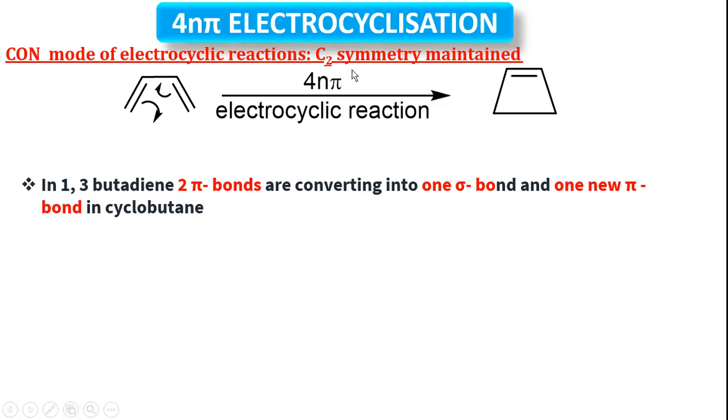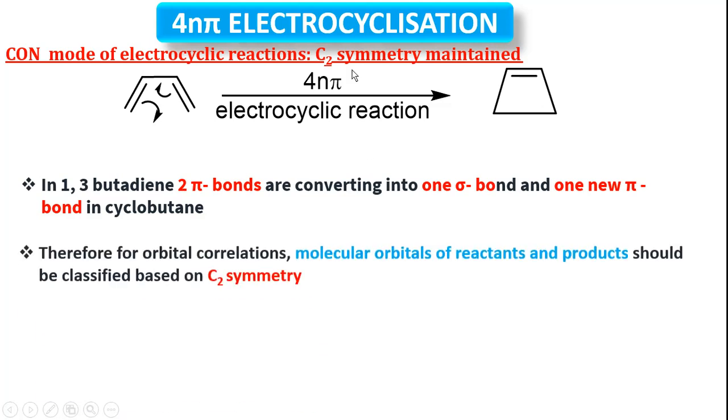To explain the C2 con mode of rotation, we have to classify the molecular orbitals of the reactant and the molecular orbitals of the product. 1,3-butadiene has 4 molecular orbitals, belonging to these pi bonds.